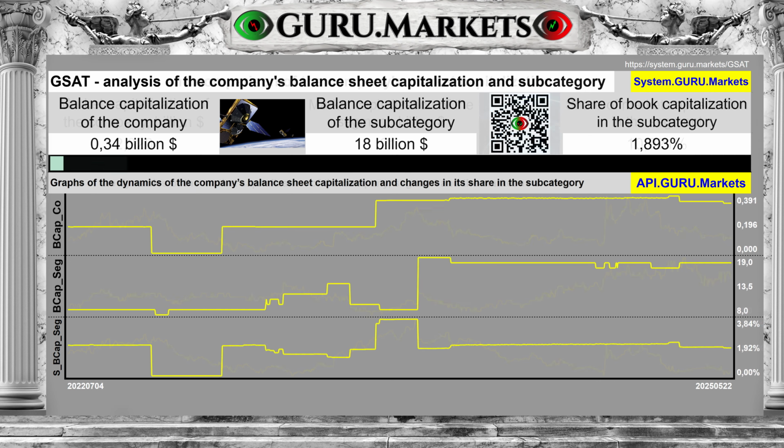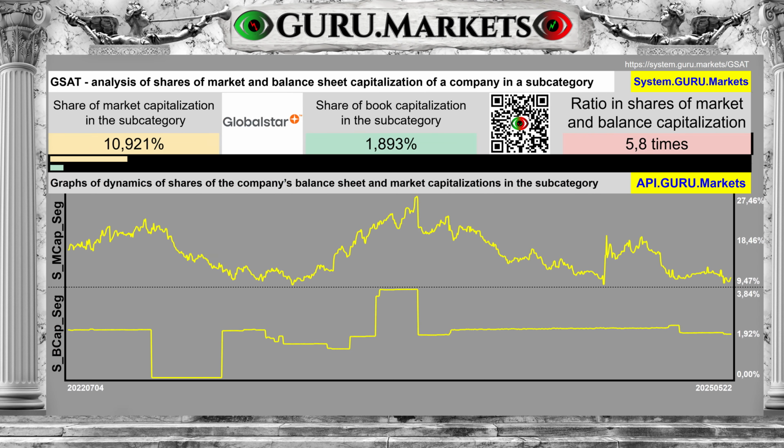The company's book value is estimated at $0.34 billion. With a balance sheet capitalization of $18 billion, the subcategory is worth $18 billion. Globalstar Inc. accounts for 1.893%. By comparing the shares of stock exchange and book value, we can see the following.